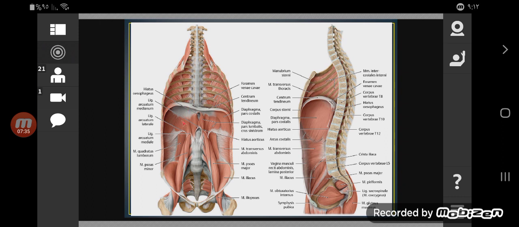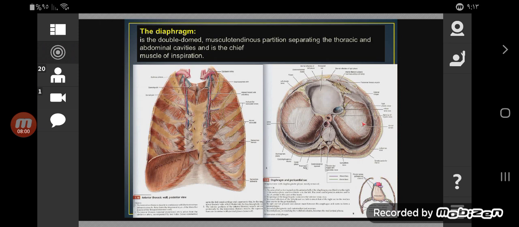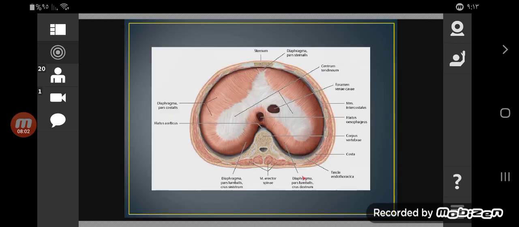But in the diaphragm, the tendon is central. The central tendon of the diaphragm looks like a clover leaflet. This is the central tendon of the diaphragm, clover-like.